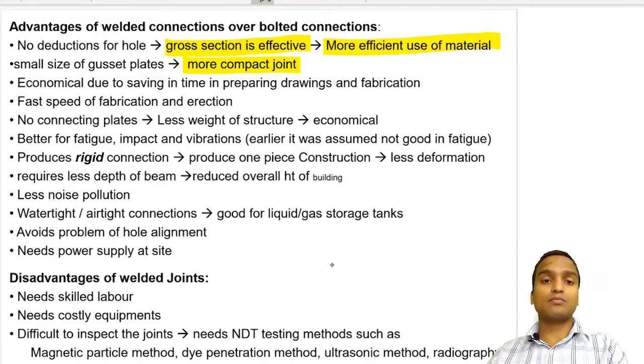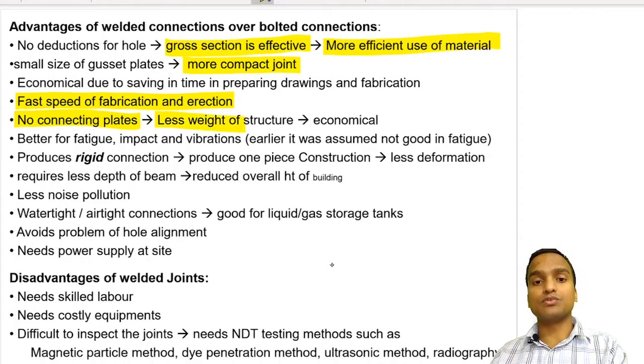There is not much preparation required here, and the speed of fabrication and erection of steel structures is really fast with welded connections. There are no connecting plates required as in butt joints. The weight of the structure is also reduced, so of course again the design is economical.